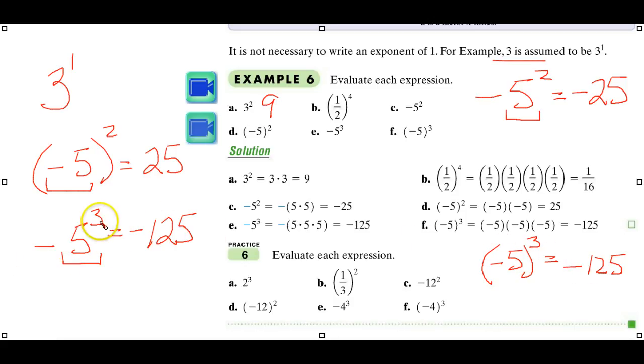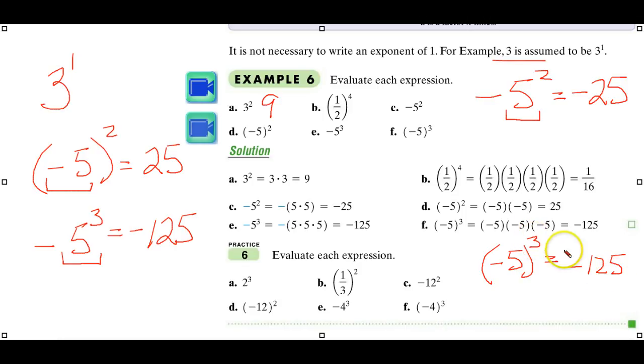But keep in mind, if this were an even number here, that would have been negative, regardless of how many times, because the negative out here is applied after you raise it to that power. Here, depending upon what the exponent is, if it's odd, you're going to get negative.